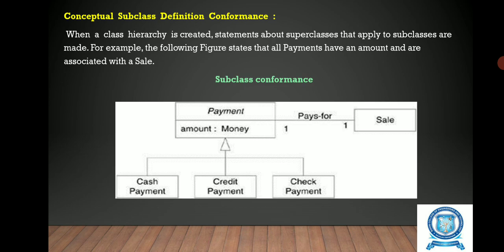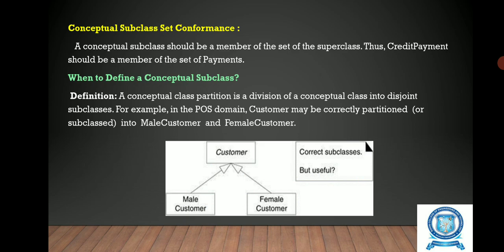The payment pays for a sale, with multiplicity values of 1 and 1. Next, conceptual subclass set conformance. A conceptual subclass should be a member of the set of the superclass. Thus, credit payment should be a member of the set of payments.